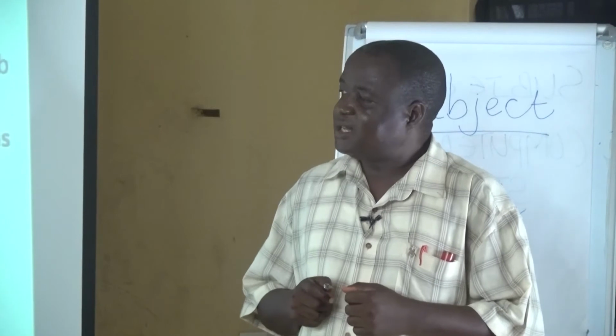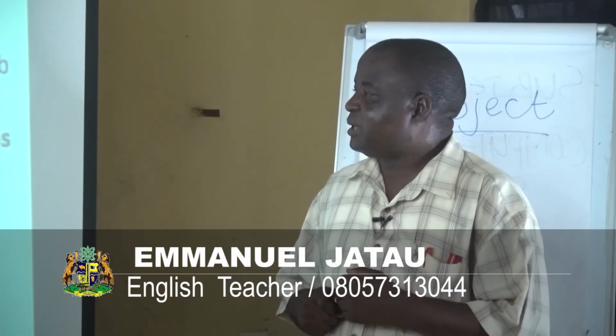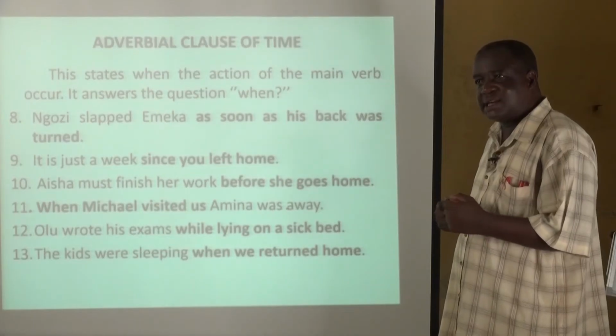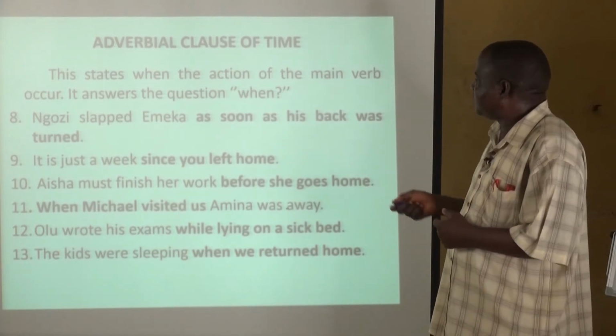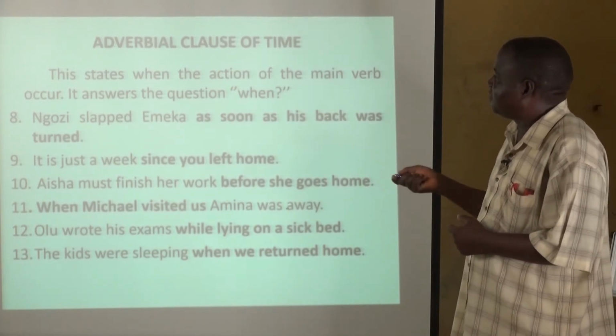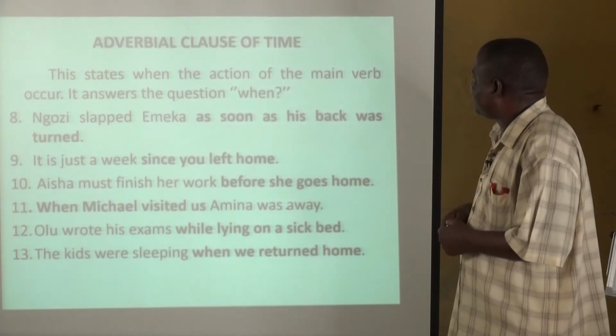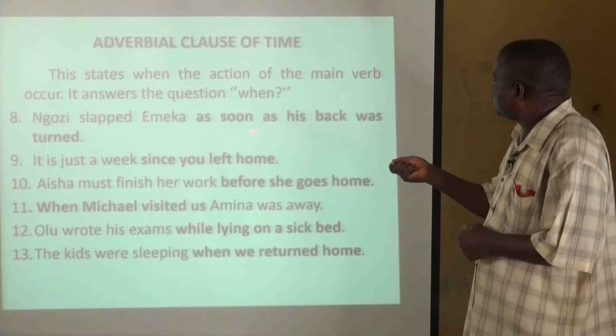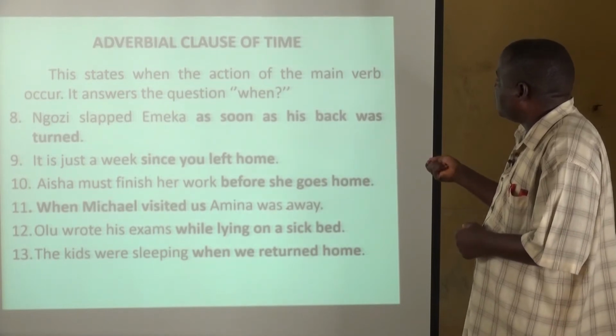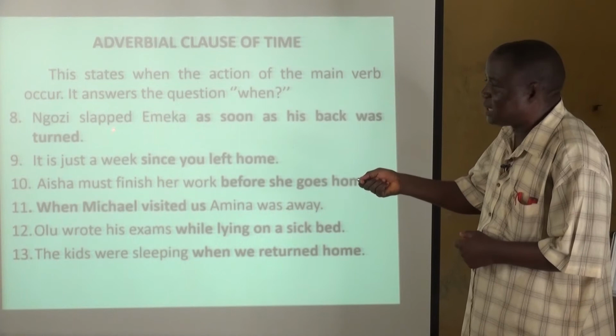Look at sentences 8 through 13. Ngozi slapped Emeka as soon as his back was turned. When did she slap Emeka? As soon as his back was turned. Now, this is your adverbial clause of time. As soon as his back was turned modifies the verb slapped.